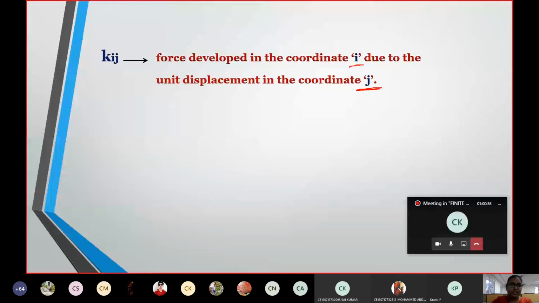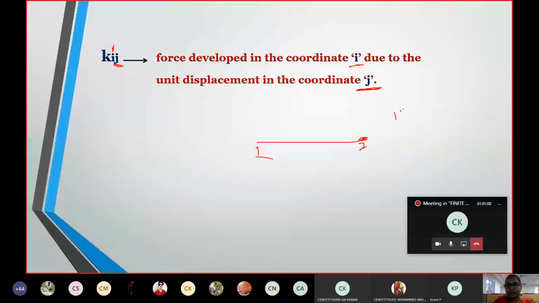See it very clearly. J is where you are applying your unit displacement and I is where you are looking for the force. Suppose I have a bar with node 1 and node 2. Now I am applying my unit displacement at node 2.